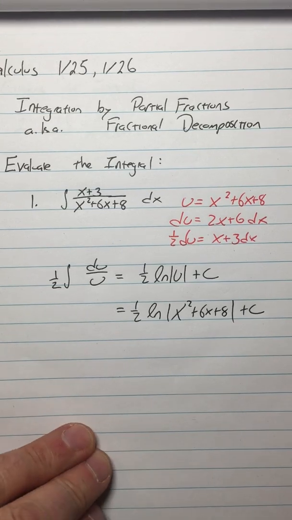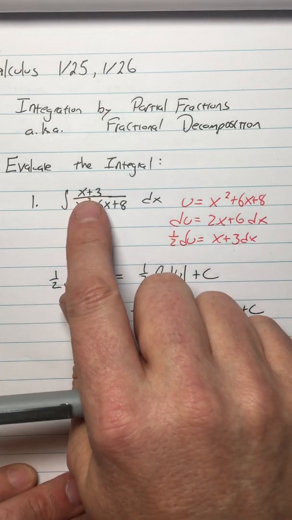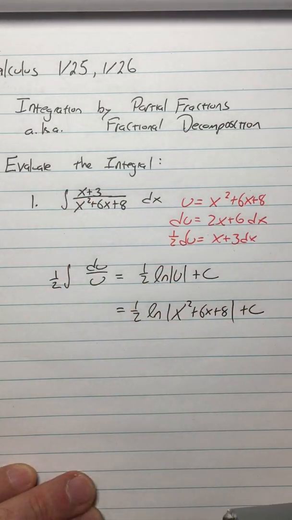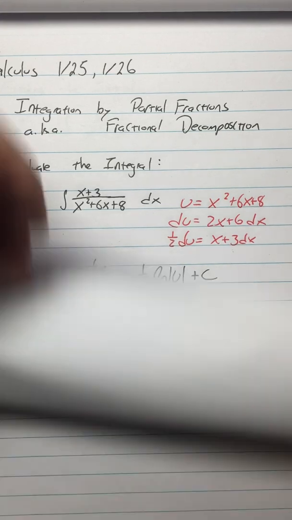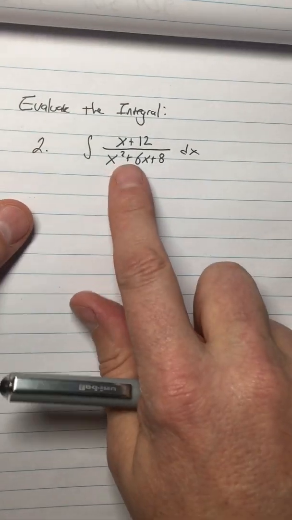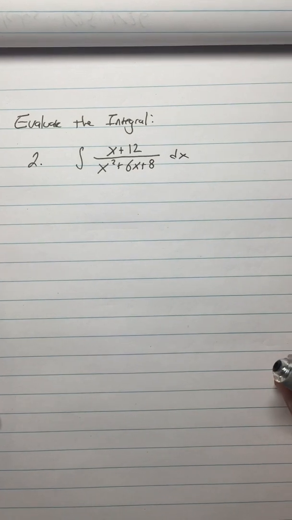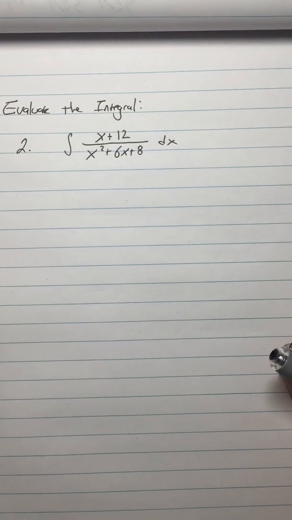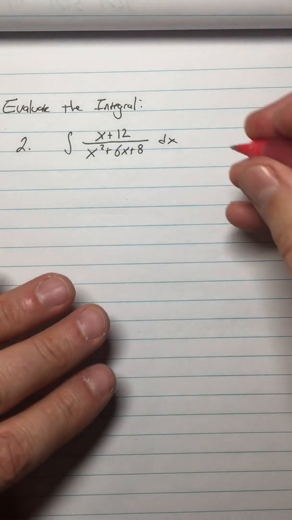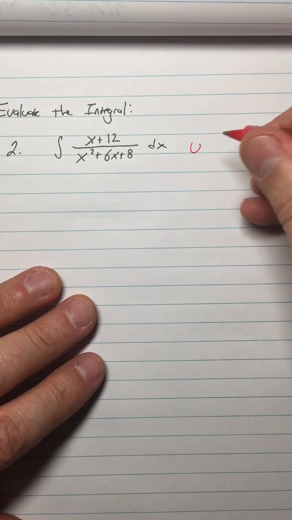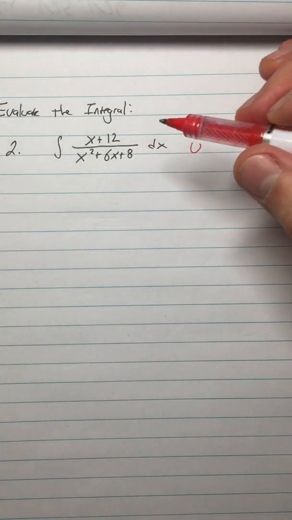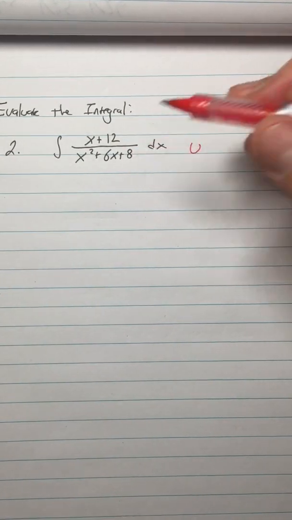So what? All right, suppose, so look, this is x plus 3 over x squared plus 6x plus 8, right? Suppose it was x plus 12 over x squared plus 6x plus 8. Oh, then I would not be able to do that with a u substitution. By the way, what we're going to be talking about is all kinds of rational expressions.